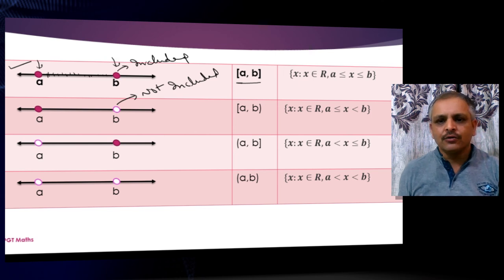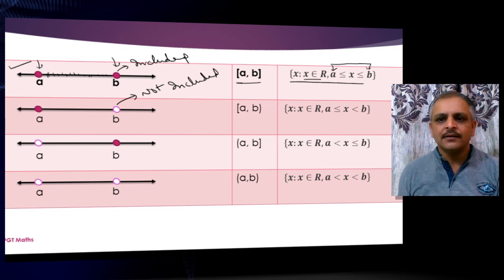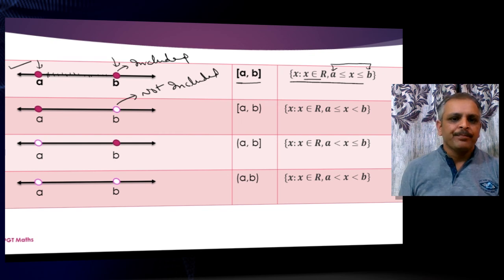In the set builder form we will say that it is a set of x where x belongs to real numbers. And what is x? X is all the real numbers from A to B including A and B, because x is more than or equal to A and x is less than or equal to B. Equal to is also there. That means A and B are also included.